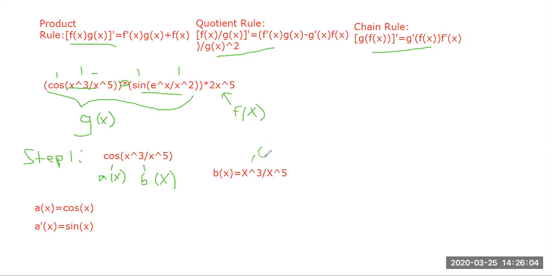We're going to call this one c of x. We're going to call this one d of x. So for our quotient rule, where we have f of x, we're going to add c of x. Where we have g of x, we're going to add d of x. Just kind of swap those 2 out.